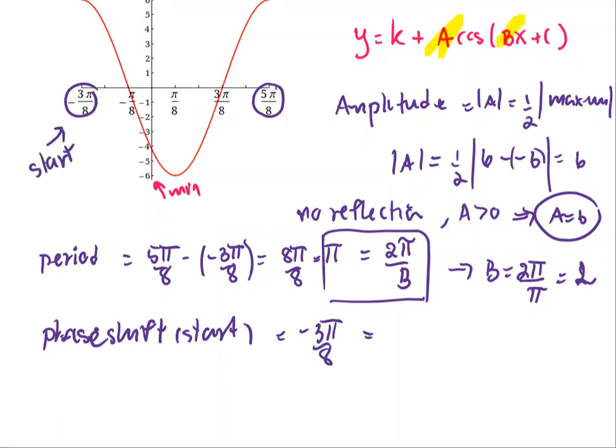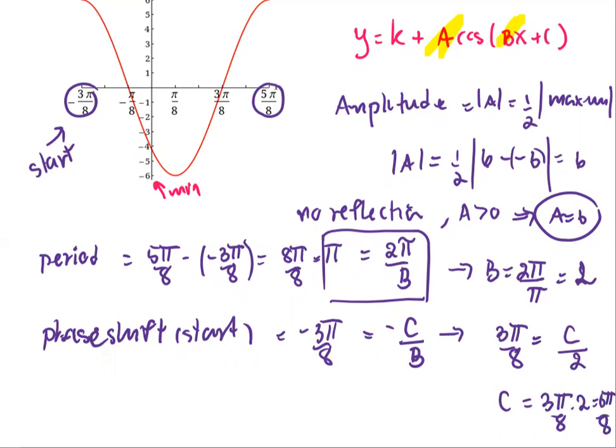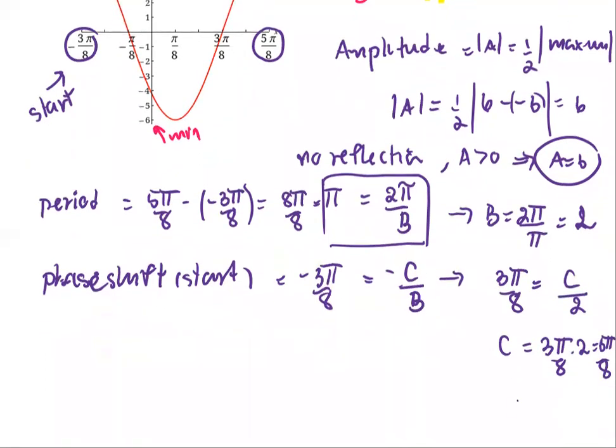The formula to compute it is -c divided by b, so we can write 3 pi over 8 equals c divided by b, which is 2. Solving for c, c equals 3 pi over 8 multiplied by 2, or 6 pi over 8, and simplifying, c is 3 pi over 4. Now we have c as a positive number, 3 pi over 4.